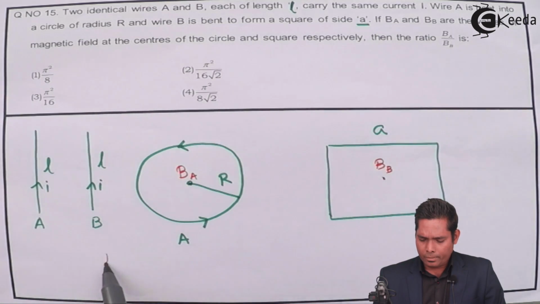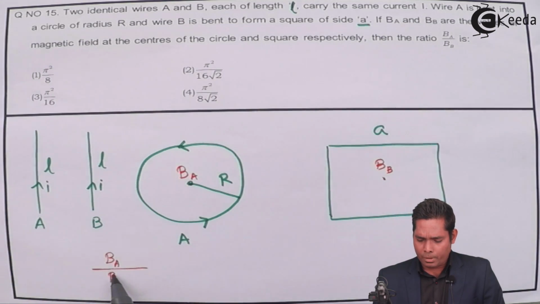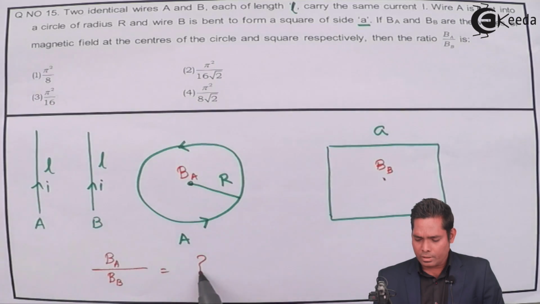So you have to find BA and BB and see what the answer is.